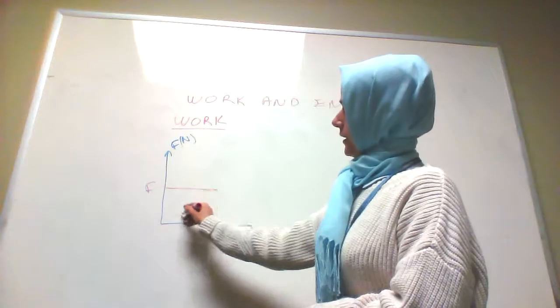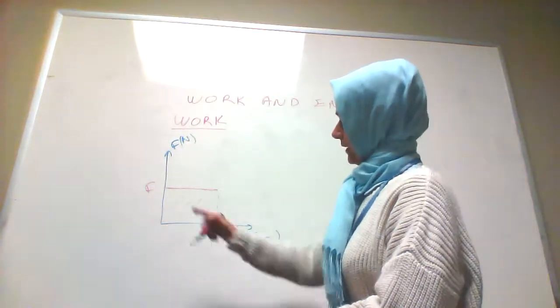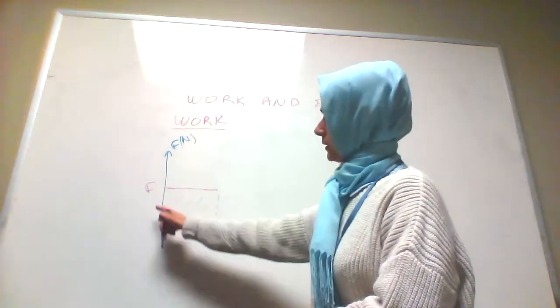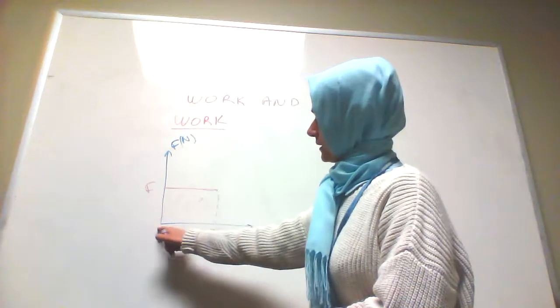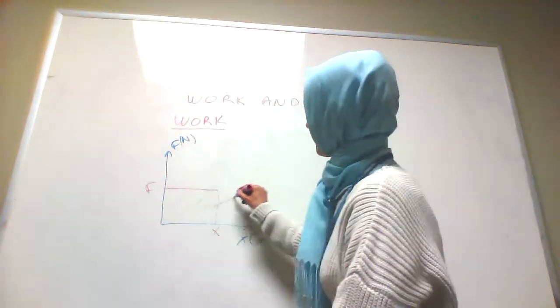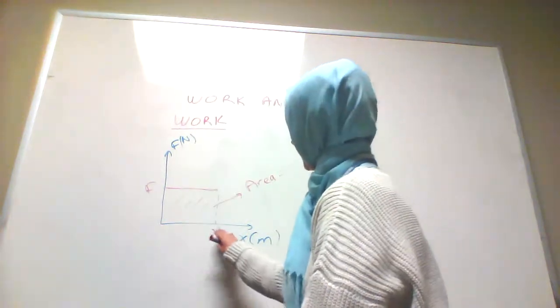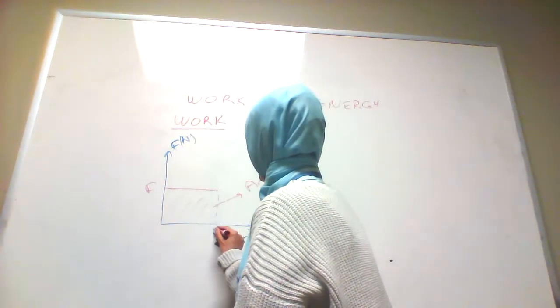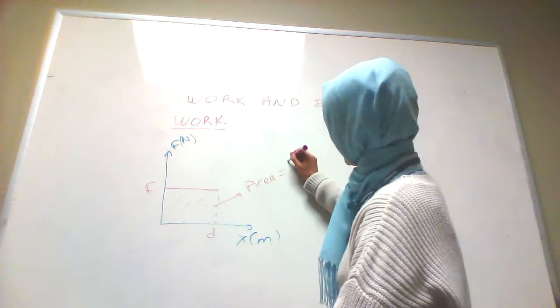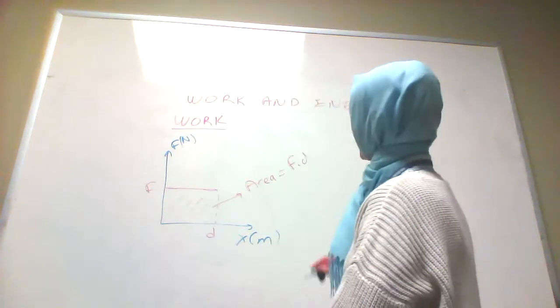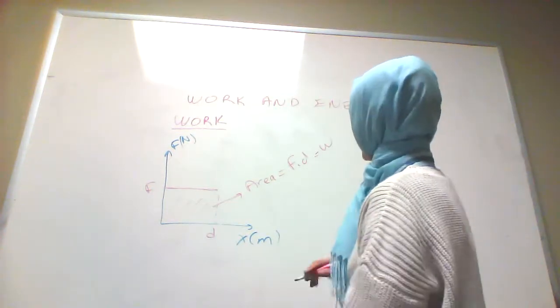If you look at the area under this graph, this is a rectangle. F, one side, times X will be the area. Let me call this D actually, as we called it D in the beginning. Area is equal to F times D, and we know that this is equal to work.